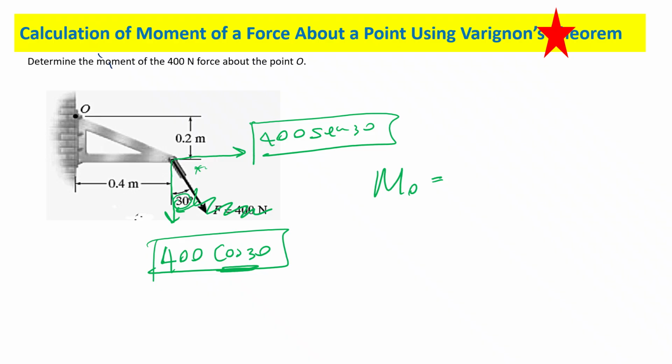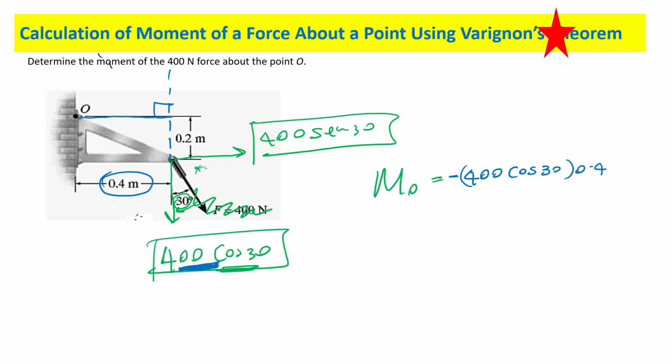If I take this y component, you extend the line of action of the force and draw a perpendicular line. That distance is 0.4. Agree? So that will be 400 cos 30 times 0.4, making a clockwise or counterclockwise moment? Clockwise. So this is negative. Agree?